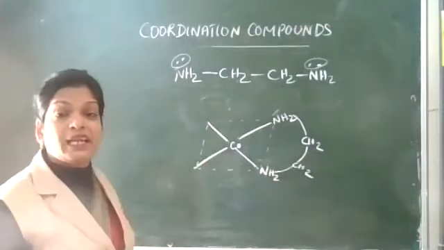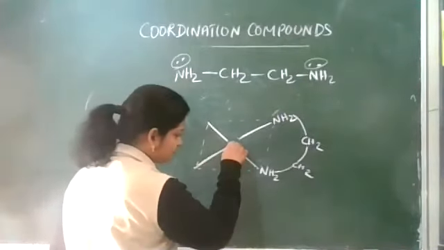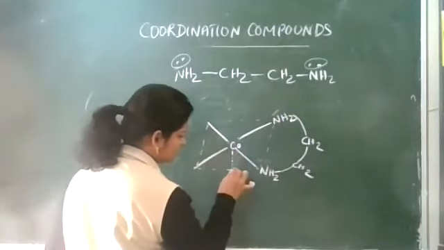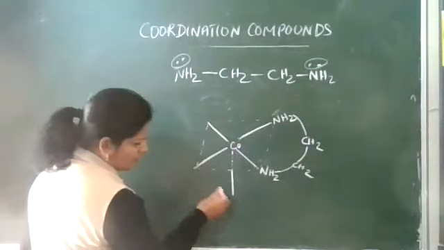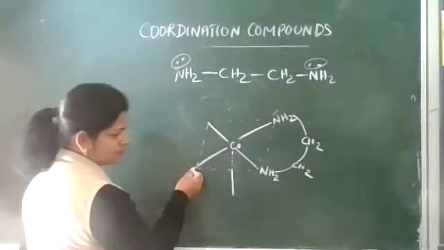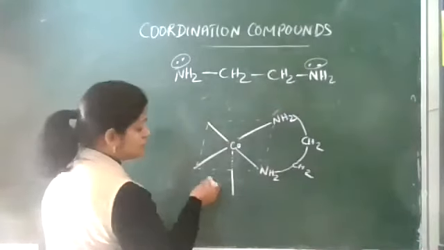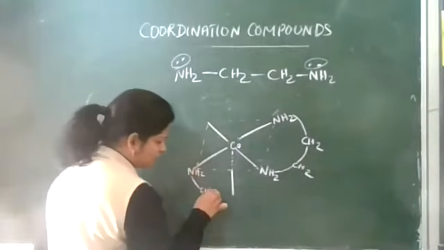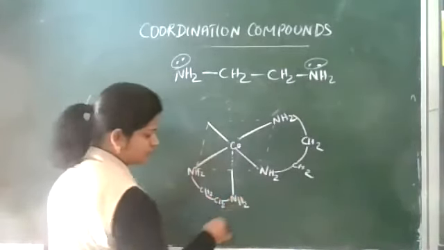We call it chelation. Now you see, from down to this end, this is NH2, CH2, NH2.